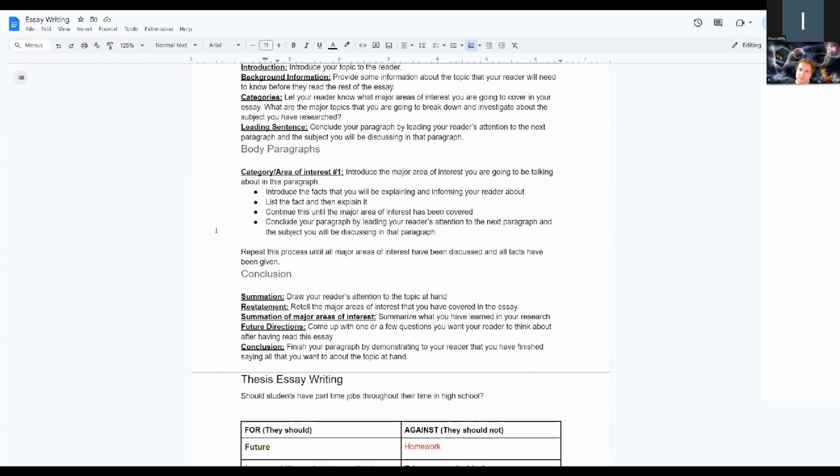Okay. You're right, it does in fact depend. Although the typical rule that we do follow is we do not include new information in a conclusion. Your body paragraphs should all contain every piece of information that you want.